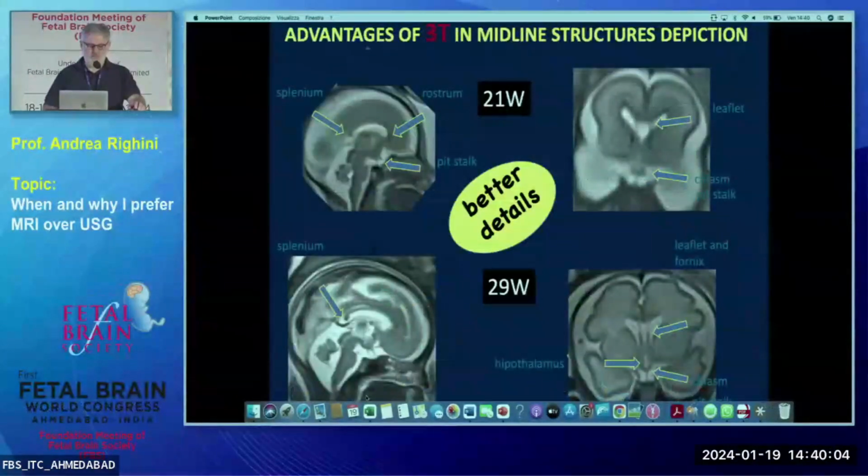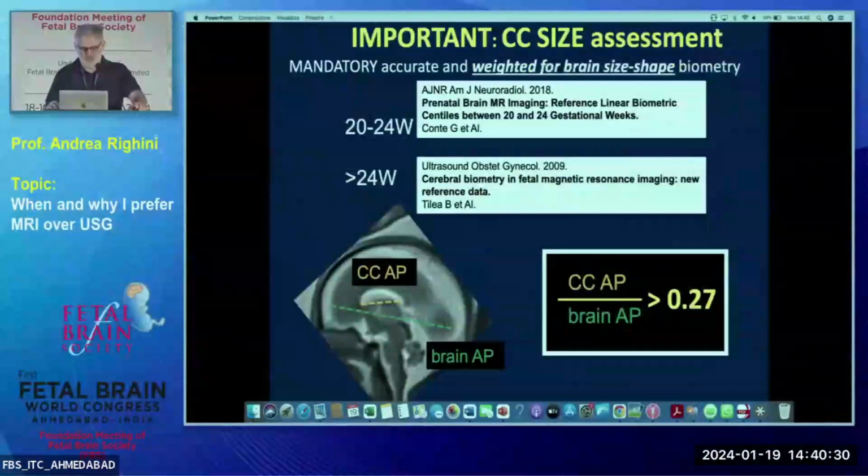We see some structures like the pituitary stalk, the hypothalamus walls, the fornix, and stuff like that can be depicted in better detail, not only late in gestation, but like around 20 weeks. So this really makes our job easier. Of course, when we deal with important midline structures like the corpus callosum, it's very important to measure, to quantify.